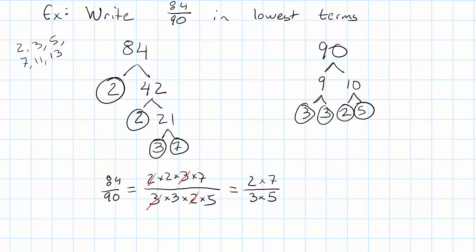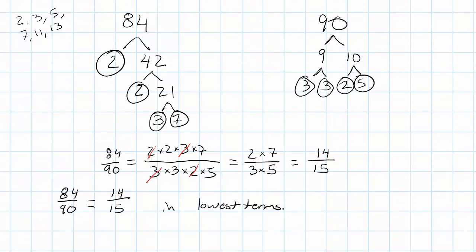In the denominator are 3 and 5. So my last step is to do that multiplication. 2 times 7 is 14. 3 times 5 is 15. So 84/90ths is 14/15 in lowest terms.